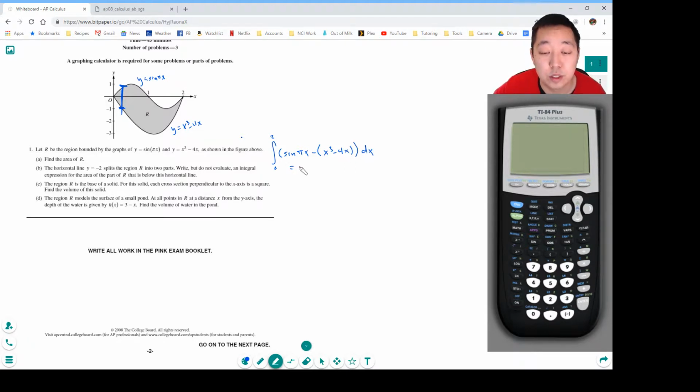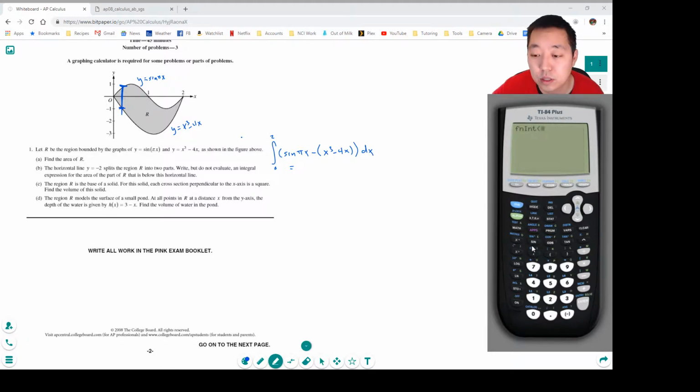Okay, so I'm just going to do that integral. Now you can do this integral by hand, but I'm going to show you how I do it on the calculator. So math, integrate. We've got to make sure we're in radian mode. That's good.